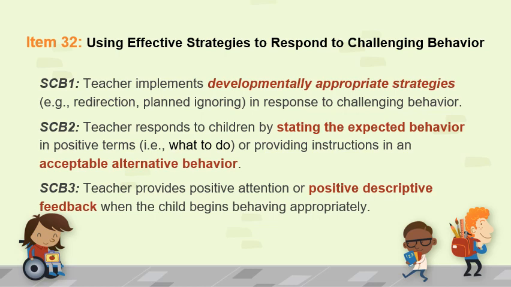SCB2, that the teacher also responds to children by stating the expected behavior in positive terms, like what to do, or providing instructions in an acceptable alternative behavior. And SCB3, that the teacher provides positive attention or positive descriptive feedback when the child begins behaving appropriately.